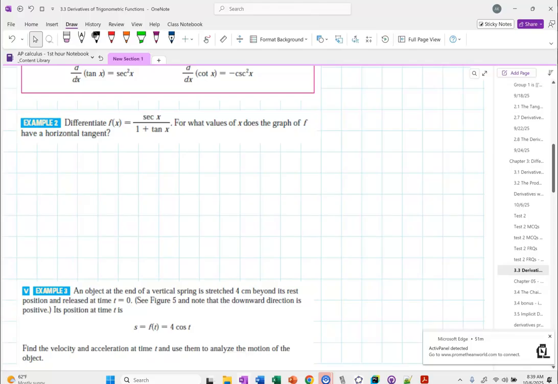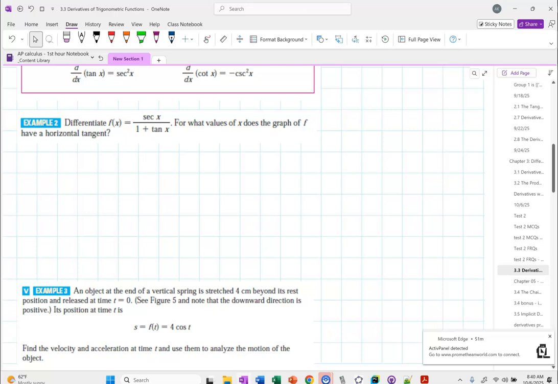And then I need to set that derivative equal to 0, solve for x, and then plug those x's back into f to find the actual points. Well, it doesn't say, I guess it just asks for what values of x. It doesn't ask for what points. Sorry. It just asks for the values of x.